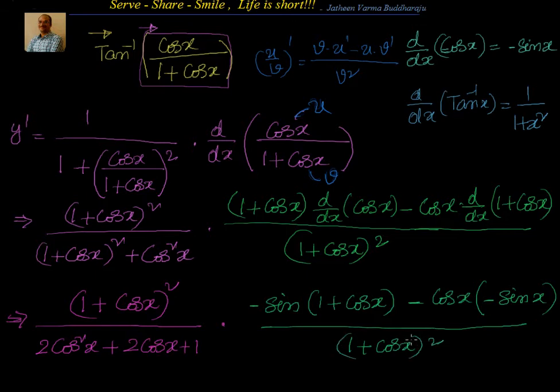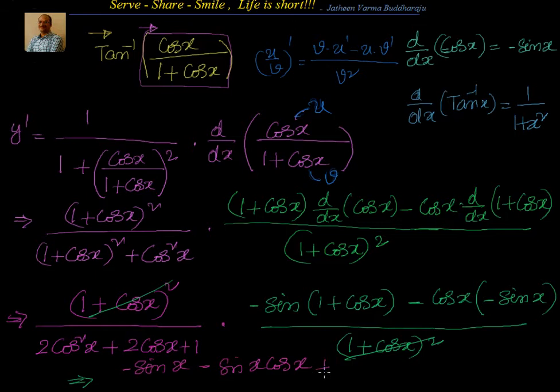Let's try to simplify this now. Our next step will be the last step, so let's write it down. Before that I can cancel 1 plus cos x whole square and 1 plus cos x whole square. So my last step will be minus sin x into 1, that is minus sin x. Minus sin x into cos x is minus sin x cos x.